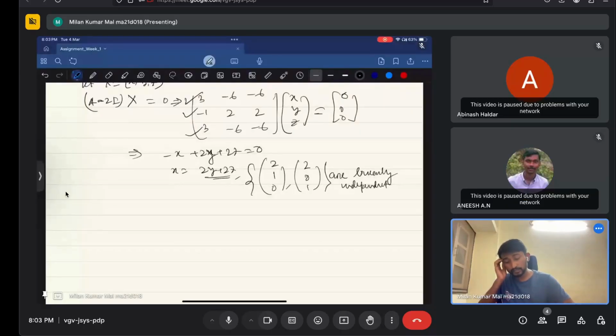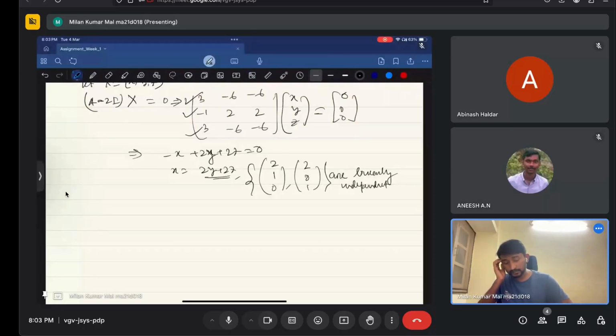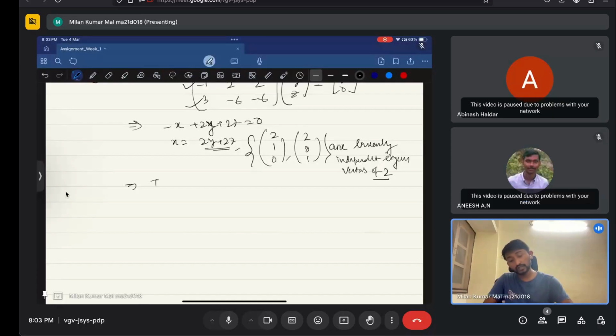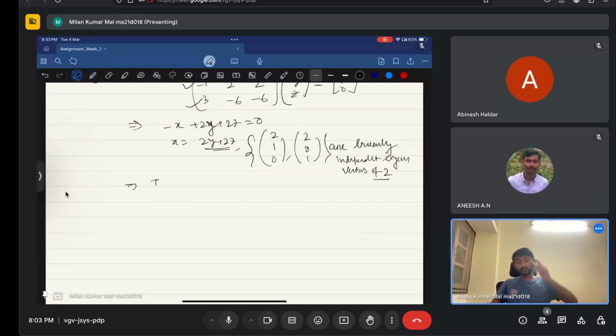So therefore T is diagonalizable. This is true because we have 3 eigenvectors: (3, 1, minus 3) is an eigenvector corresponding to eigenvalue 1, and these two are eigenvectors corresponding to 2. So the geometric multiplicity of 2 is equal to 2, which equals the algebraic multiplicity of 2, that's why it is true.